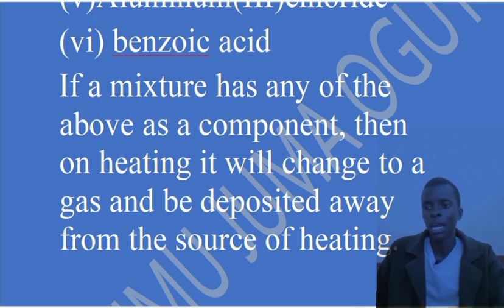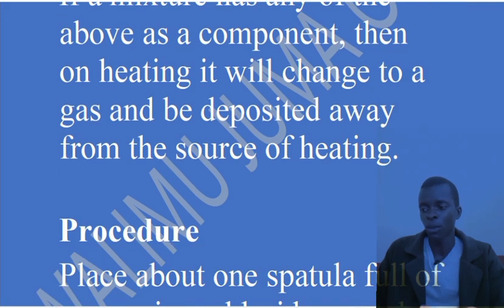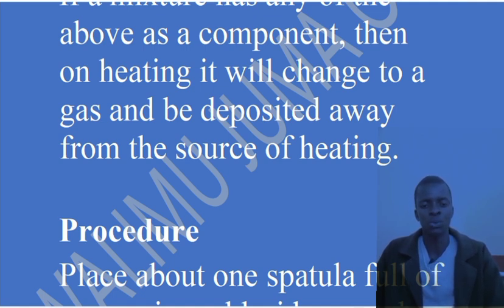Now let's look at an experiment that will help us understand this. Let's have the procedure. We place about 1 spatula full of ammonium chloride crystals into a clean, dry 100 cubic centimeter beaker. Then we add an equal amount of sodium chloride crystals into the beaker and swirl to mix.